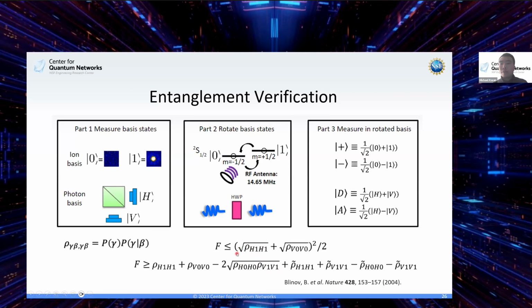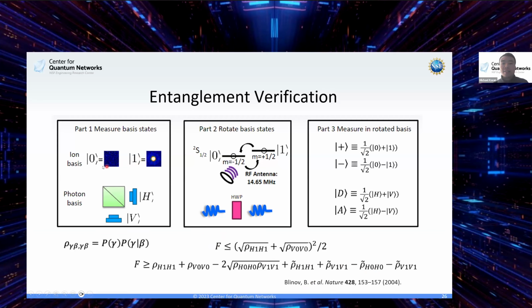So you don't have to do a full tomography of the state to measure exactly what the fidelity is, if that's not what you're interested in. However, if you are interested in that, you need to do a full tomography, which means measuring in every basis, both the photonic qubit and the ion qubit. With this bounding method, we only have to measure in the diagonal states as well as the original states.